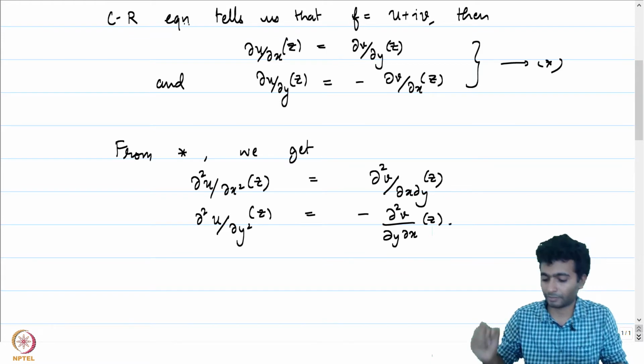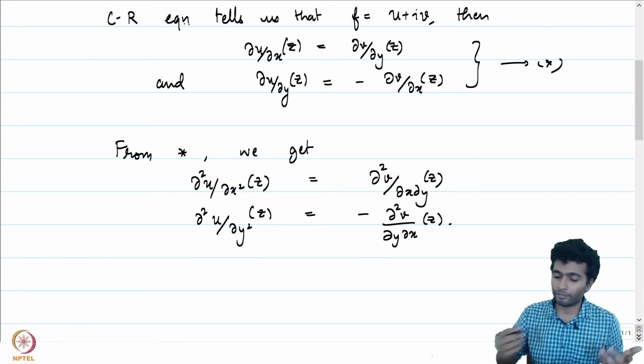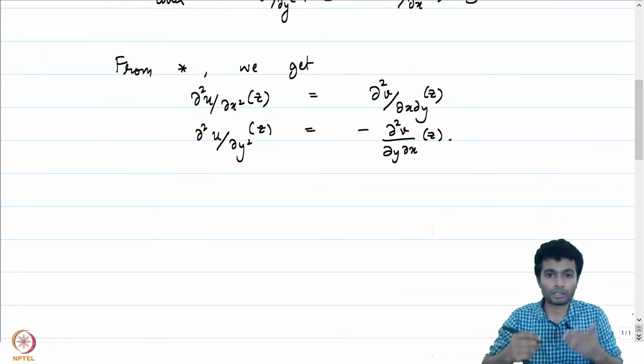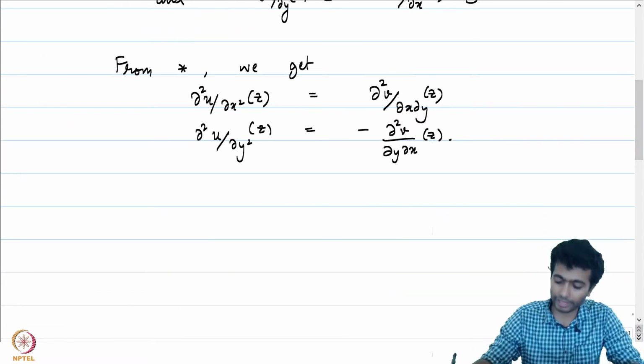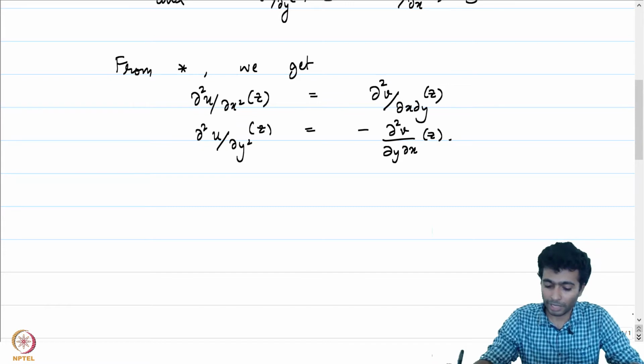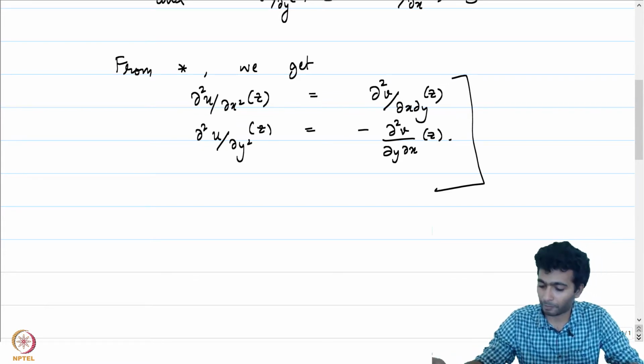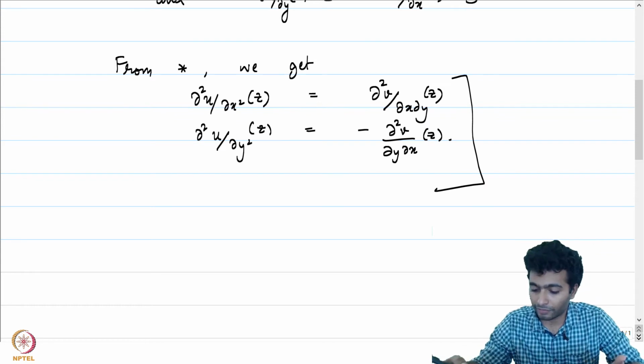Now, if we invoke the calculus that we have studied earlier, or a course on real analysis in several variables, by Clairaut's theorem, whatever is there on the right here, they are the same.